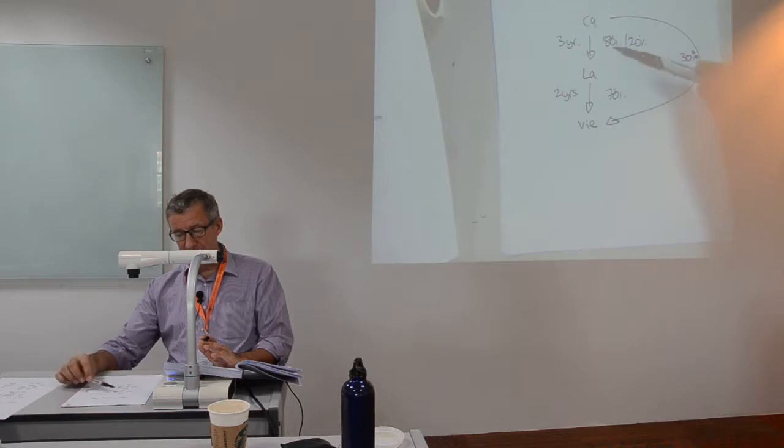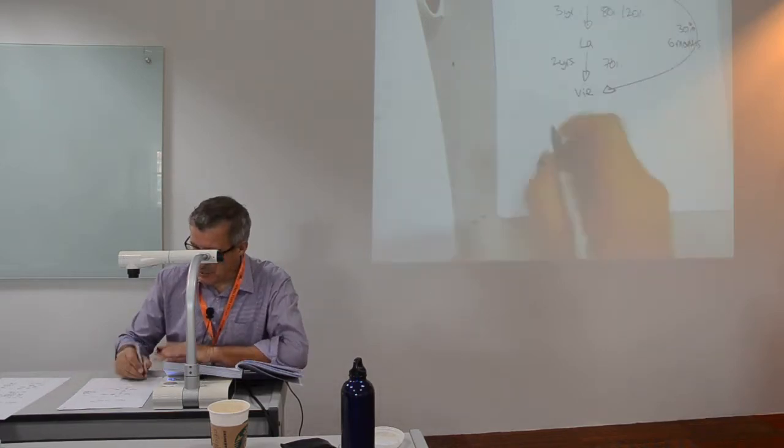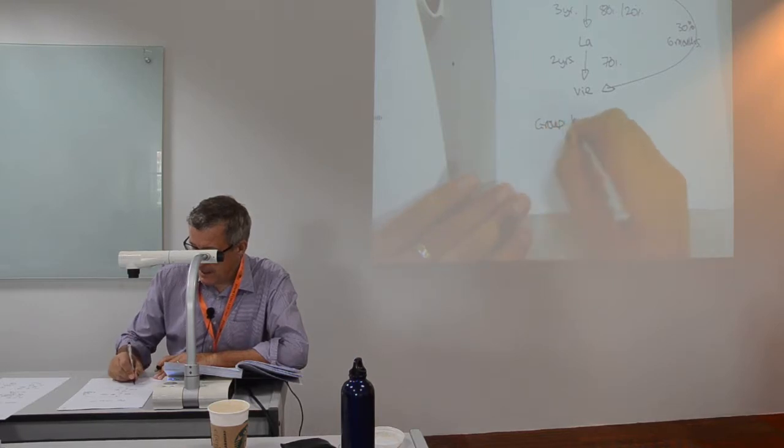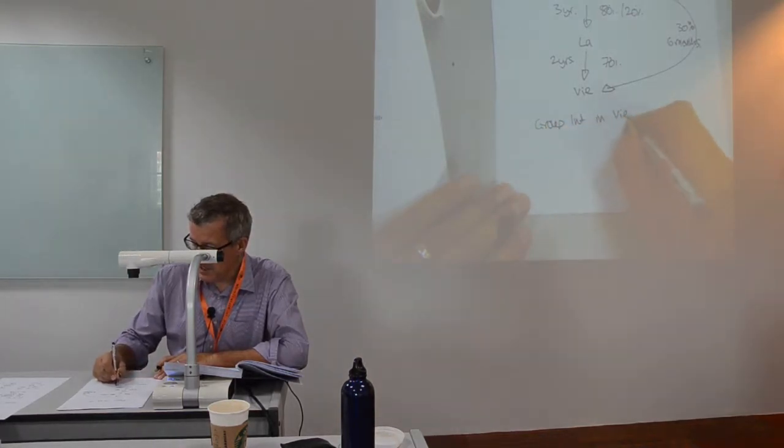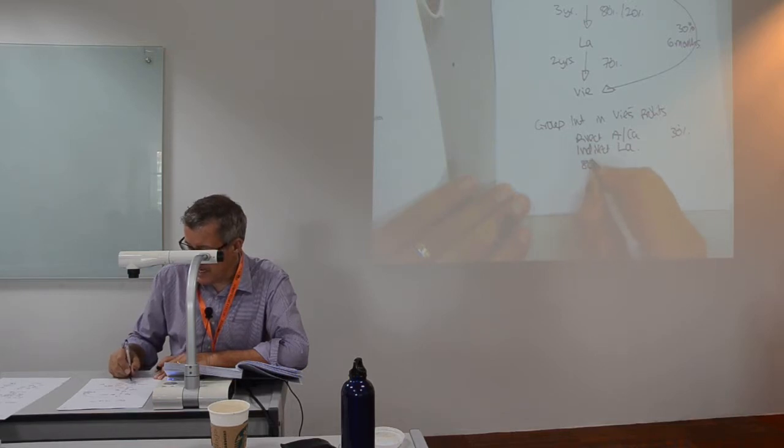Now the group interest is 80% of 70%, which is 56, then plus the direct 30, so we get 86. So the group interest in Vi's profits is a combination of a direct interest from SAR, which is 30%, and then an indirect interest from LA, which is 80% of 70%, which is therefore 56%.